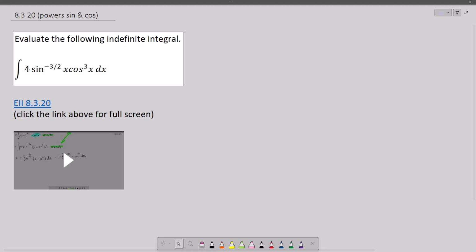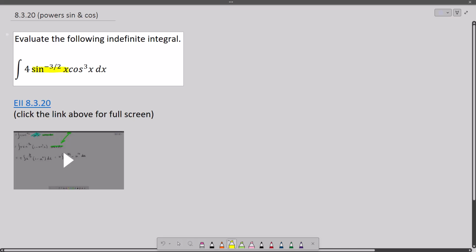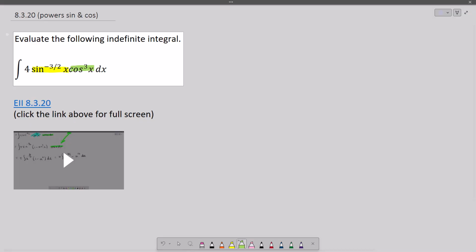So our next topic, integrating products of powers of sine and cosine. And when we look here, we see that we've got this sine factor, we've got this cosine factor, and we had a rule that said if one of the powers is odd, pull one off and convert the leftovers.